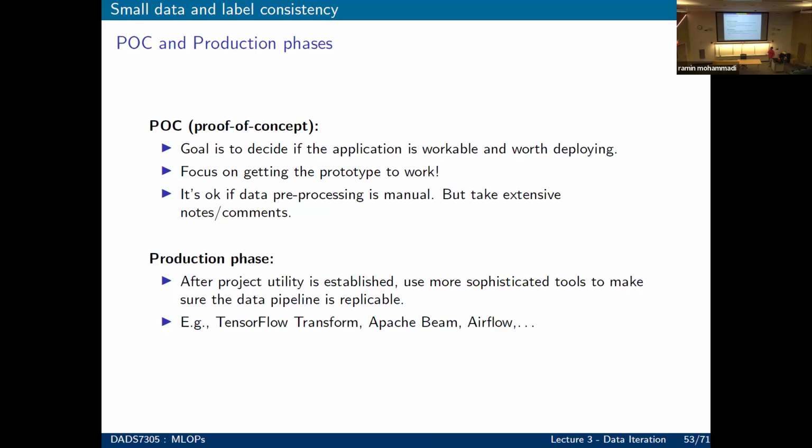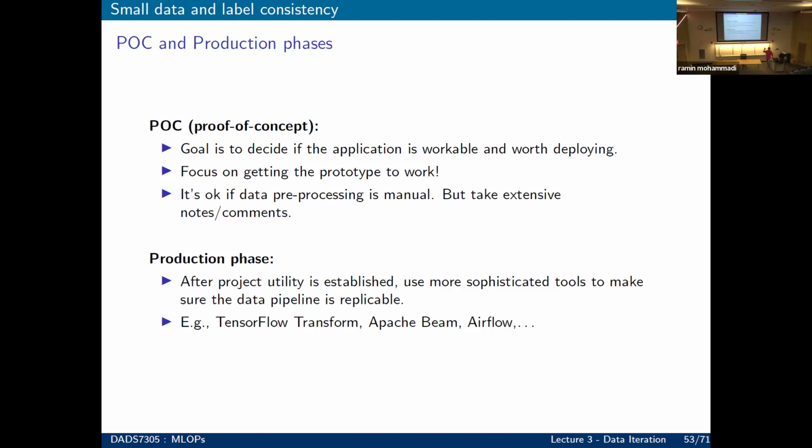So as part of POC, your goal is to decide this will work, so you don't need to write perfect code. Don't focus on writing production level code, because that just delays the process. You want to write something that does the intention and can prove the concept.